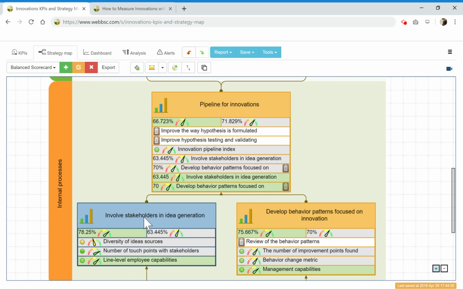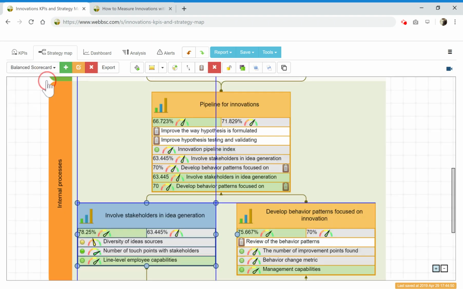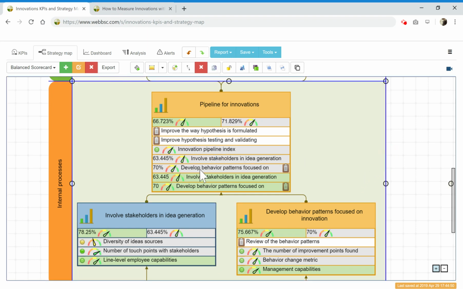First of all, in terms of involving stakeholders in idea generation, we're talking about these levels, the level of insight and the level of idea. So we can quantify here on the ideas that people were able to generate, obviously.